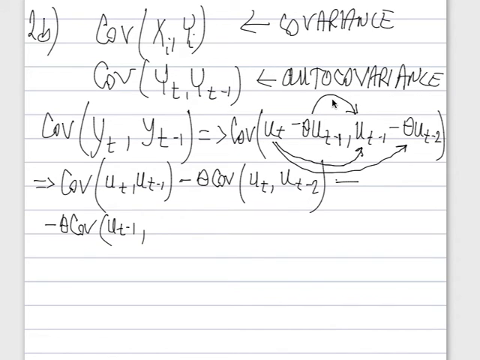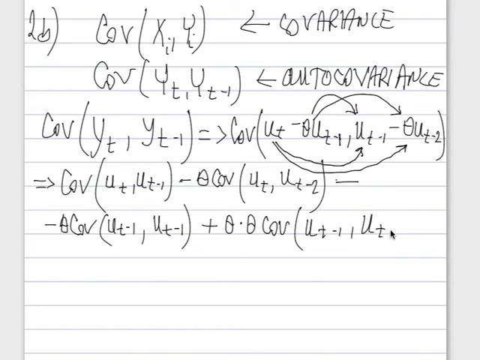So it's this with this, and minus theta, minus theta ut minus 1. This gives us plus theta, out of the bracket, times theta, covariance of ut minus 1 and ut minus 2. And now we need to figure out what this is.